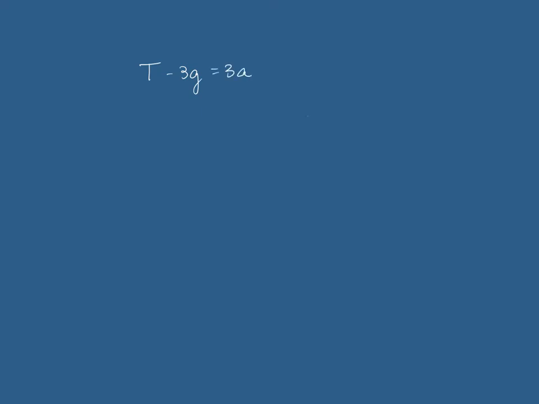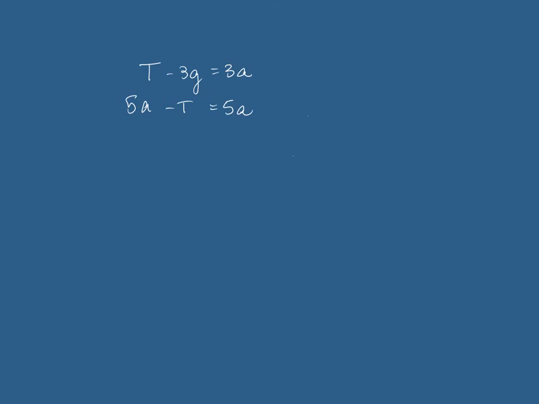And the second equation I got was 5G minus T is equal to 5A. Now, if your equations are different than mine, it simply means that you chose a different direction as positive. The answers should still come out to be the same.